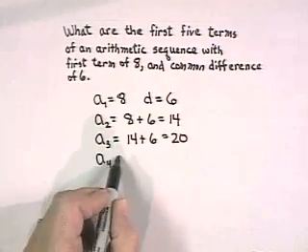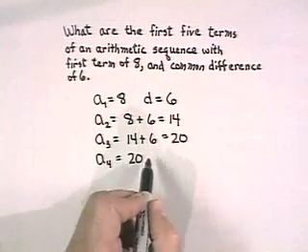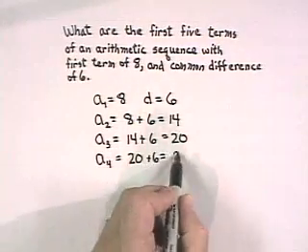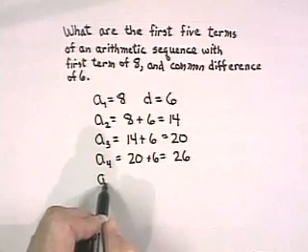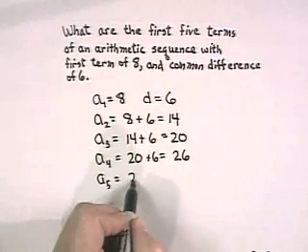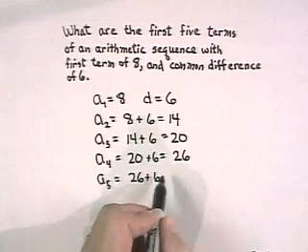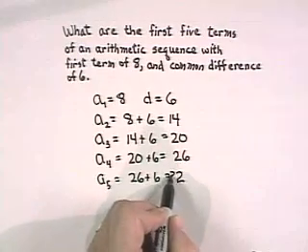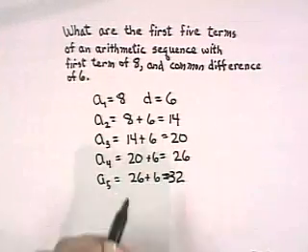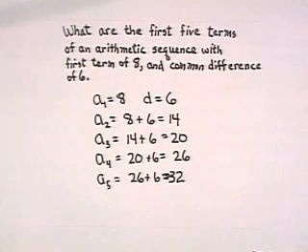The fourth term is the previous term plus 6, or 26. And the fifth term is the previous term plus 6, or 32. I hope you got those 5 answers okay.